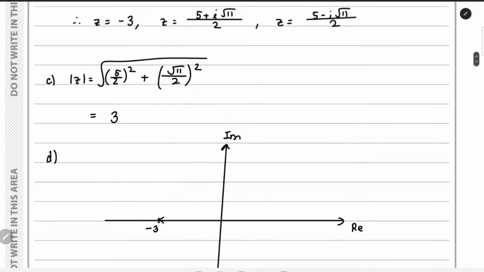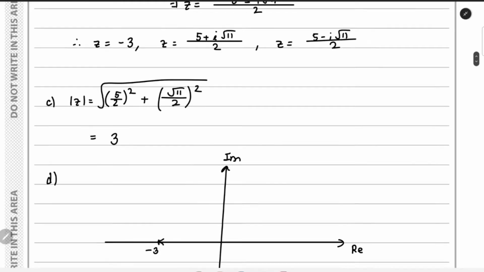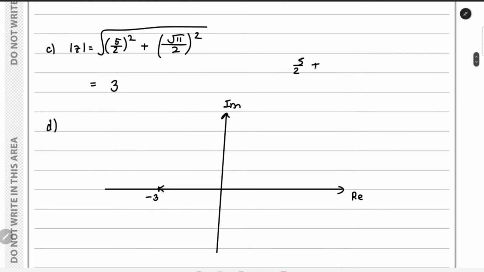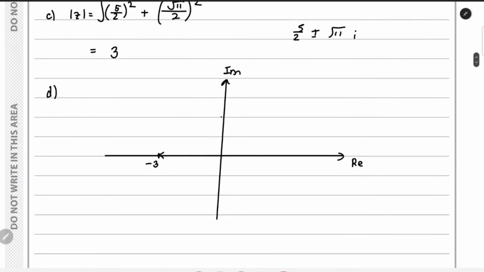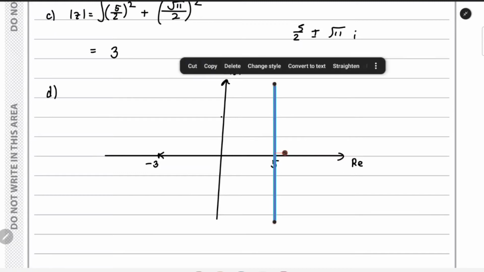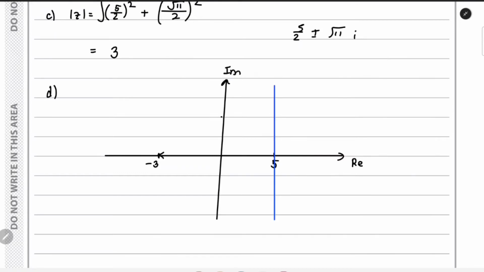Now the complex roots will be 5 by 2 plus or minus root 11 i. The real value is 5 over here. Draw a line at 5 just for reference in this case, and I'll have root 11 over here, minus root 11 over here.